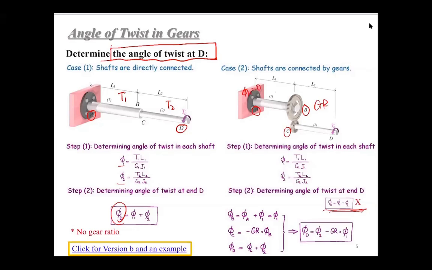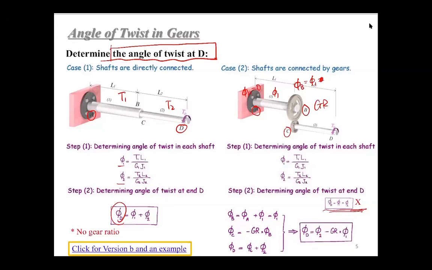Then here you have a phi 1. At point B, phi B equals phi 1 plus phi A, right? Because phi A is 0, it just equals phi 1. This is our rule number 4.